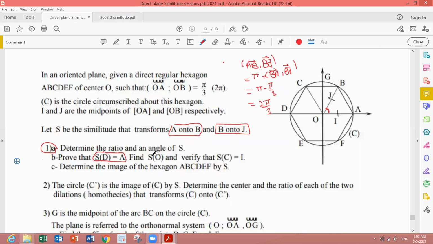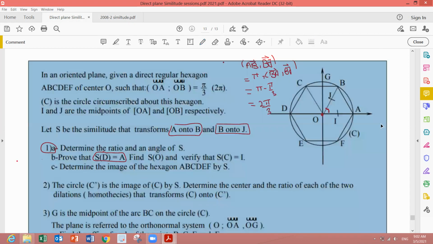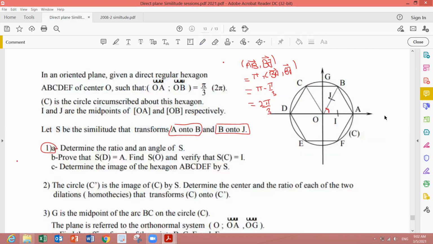Find S of O. How to find S of O? We know that similitude conserves midpoint.